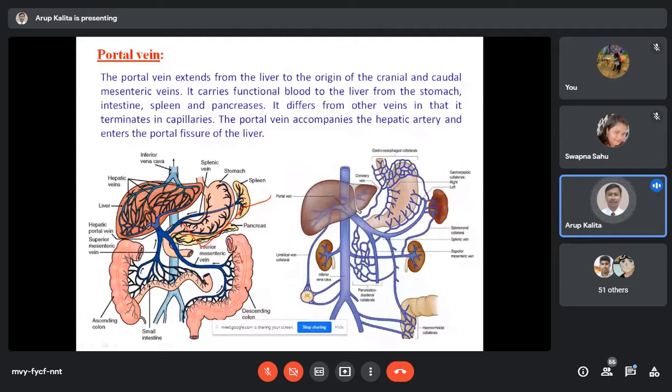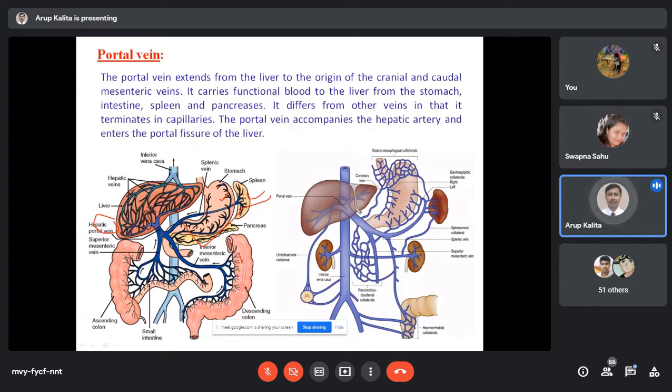Capillaries from the intestine, then stomach, then spleen, and pancreas. From these 4 organs, the capillaries will form veins, and they will unite together to form the portal vein. This is the hepatic portal vein, and it enters the liver.